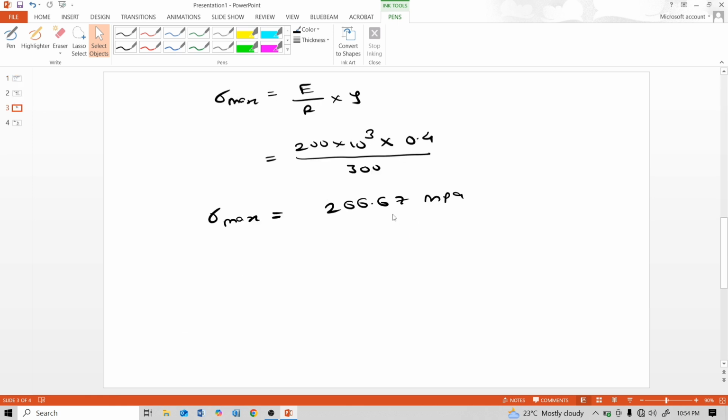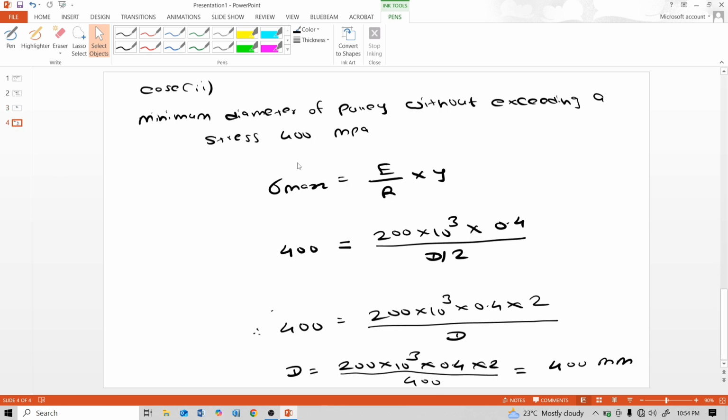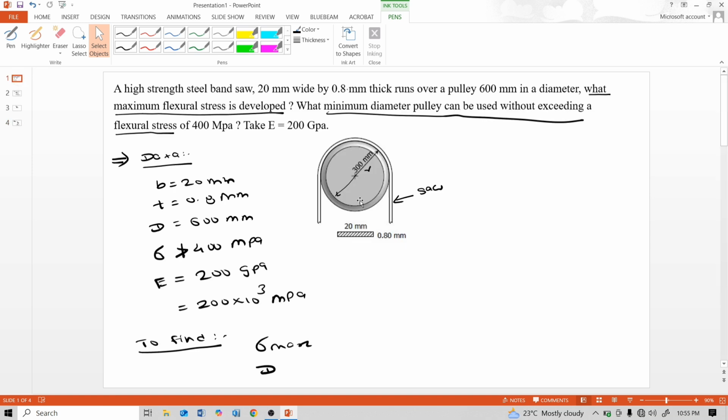Maximum stress on this pulley is 266.67 MPa, and for a maximum 400 MPa stress, the diameter of pulley required is 400 mm, and our pulley diameter is 600 mm. That means this pulley is safe for this 400 MPa stress. Thank you very much.